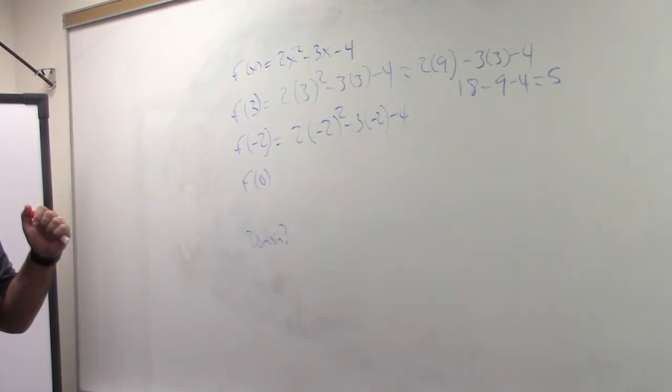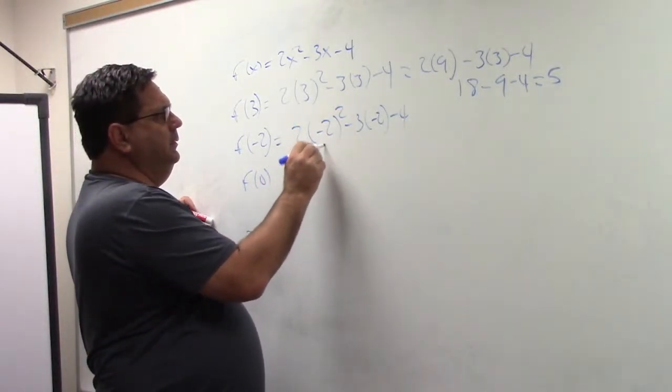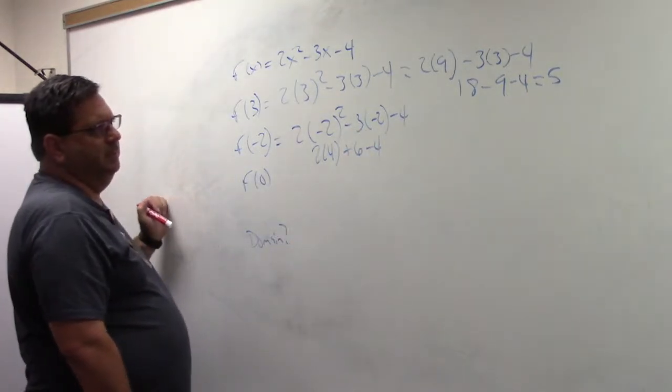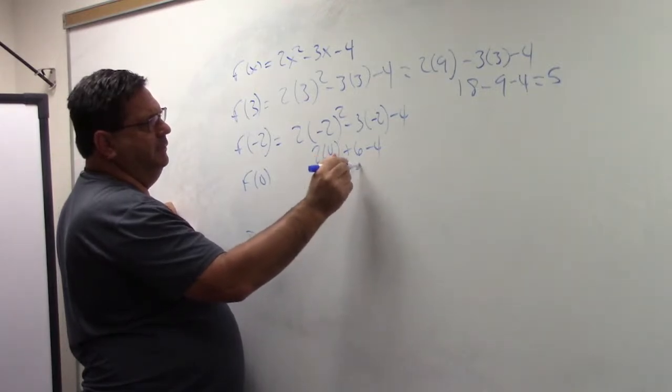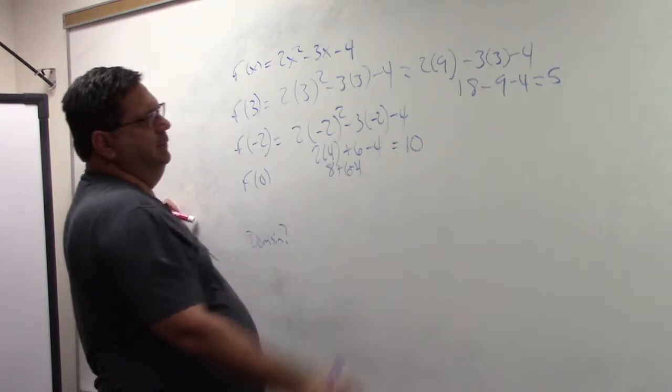What do you get here? This is 4. This is 6. This is 4, yes? This is 8 plus 6 minus 4. And that is 10.